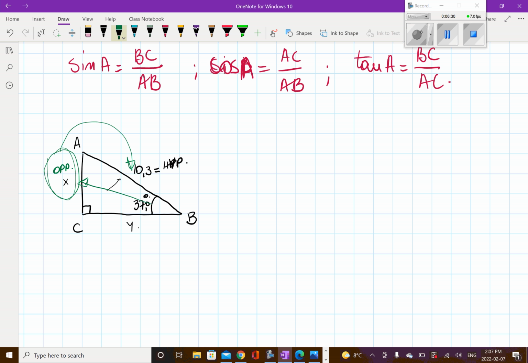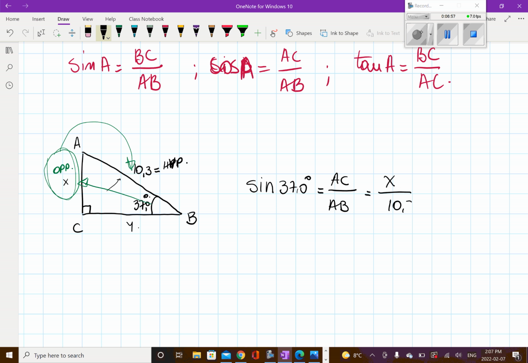And then you will see the A in SOHCAHTOA, and it is sine. So then, based on this, you will write sine of angle B, which is 37 degrees, is equal to opposite, which is AC, over hypotenuse that is AB, or X that we are looking for over 10.3.